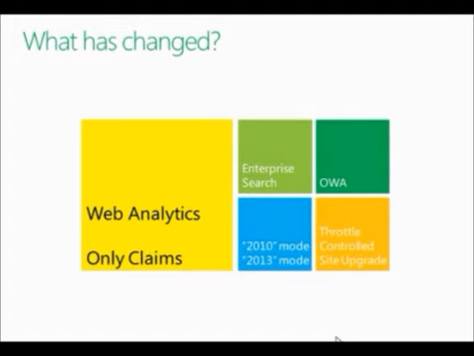One of the really big changes is for search. There's just been a huge push for both search and social in 2013, and we're not going to talk too much about social. There's a lot more of that to be unearthed, but for enterprise search, FAST search has been completely rolled into enterprise search. There's a couple other breakdowns, like search server getting rolled into SharePoint Foundation.